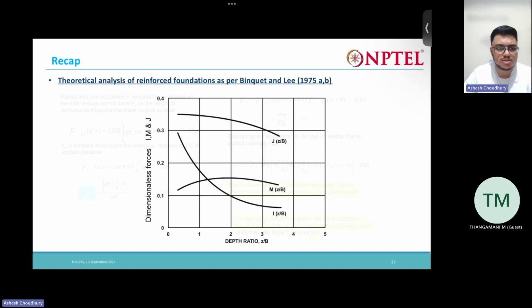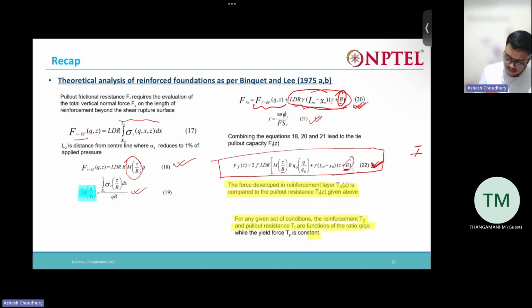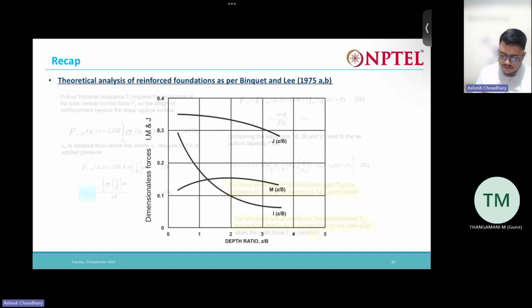Just check once. Over here they provided the footing of 2 meter width. Okay, whatever it be, just check yourselves once, okay?